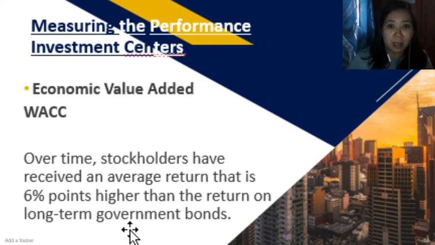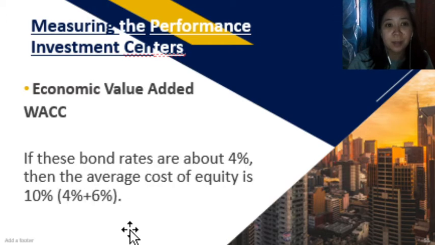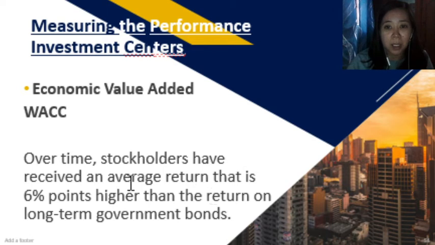The higher the return, the higher the risk as well, whereas government bonds have lesser risk and therefore a lesser rate of return. So if these bond rates are 4%, then for the average cost of equity we just use the 6% rate of return.